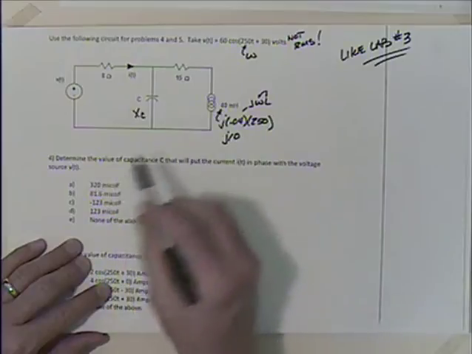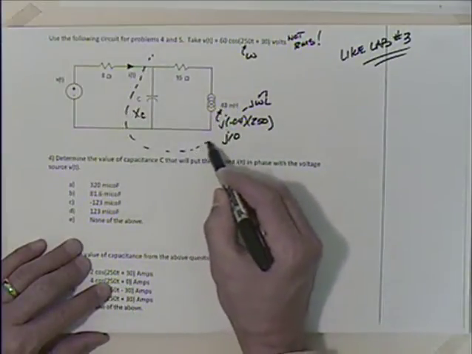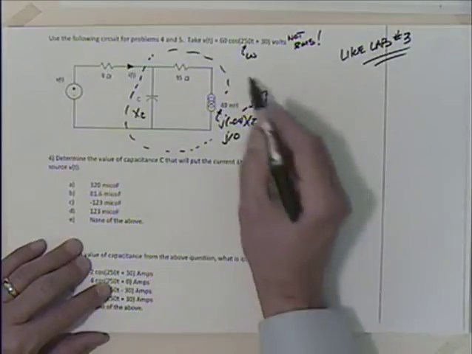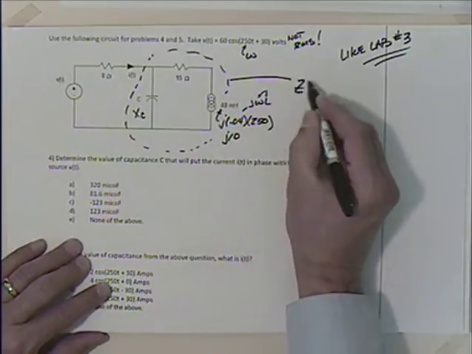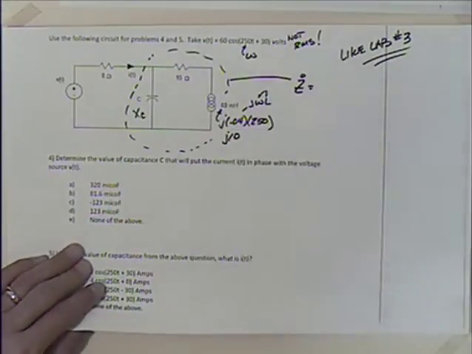So if I look then for the impedance of this whole thing, I could say that it was these two parallel branches, so it's product over sum.